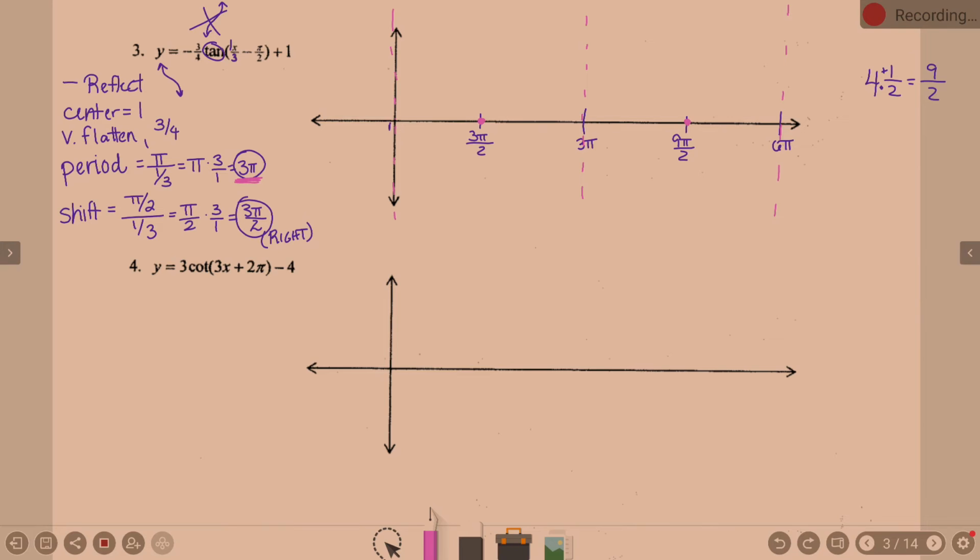I tried air drawing it for you, but you couldn't see it. Well, I looked away at the wrong time. And as we cut through that origin, we're going to flatten our curve out. There is my flattened reflected tangent curve.